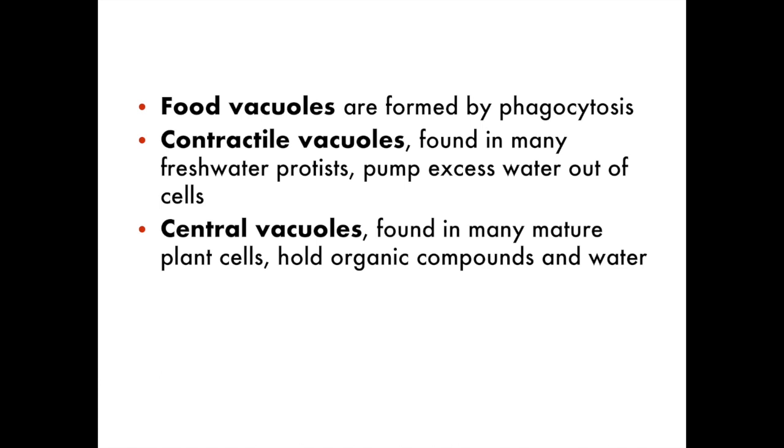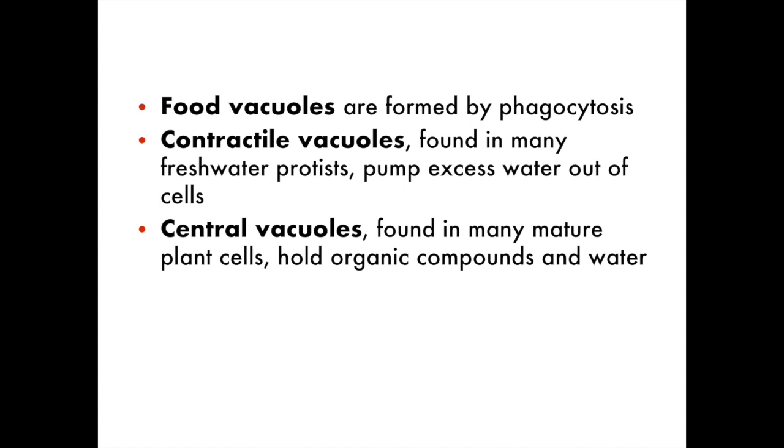A lot of your single-celled eukaryotes don't have mouths, so they will eat by producing food vacuoles for cellular eating called phagocytosis. Some other protists that live in water will have a contractile vacuole, which kind of helps to keep them from getting waterlogged, from bursting because so much water is trying to sink them.